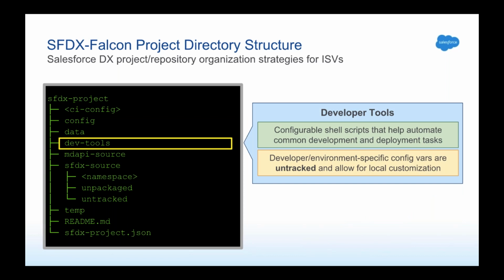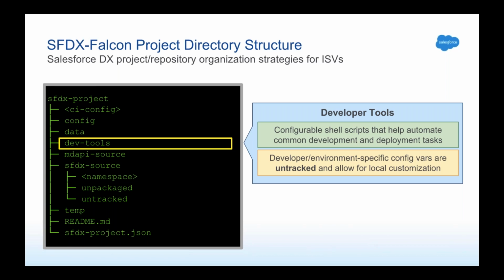Dev tools. This is where we start to move outside of just a couple of recommendations on directory structure to giving you something that's going to help you build faster and make your developers' lives easier. Basically, dev tools is a place to store configurable shell scripts that help automate your common development or deployment tasks.